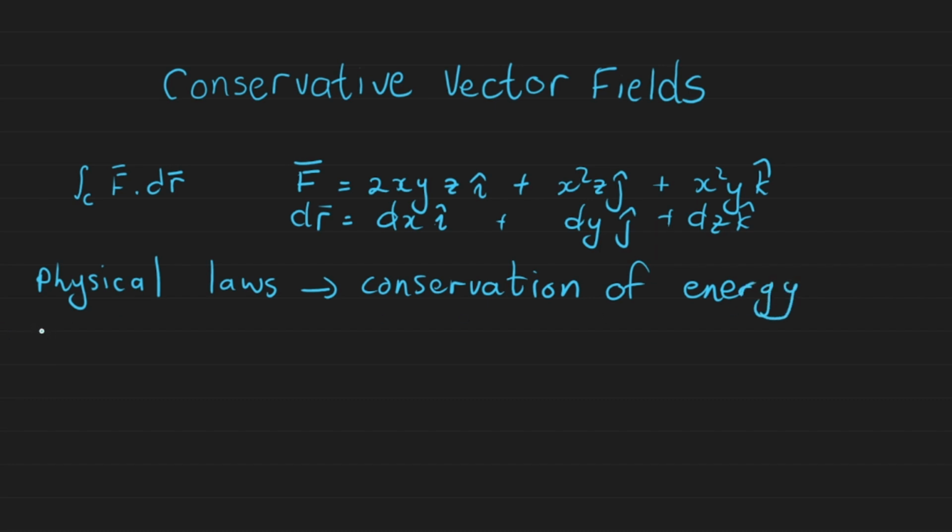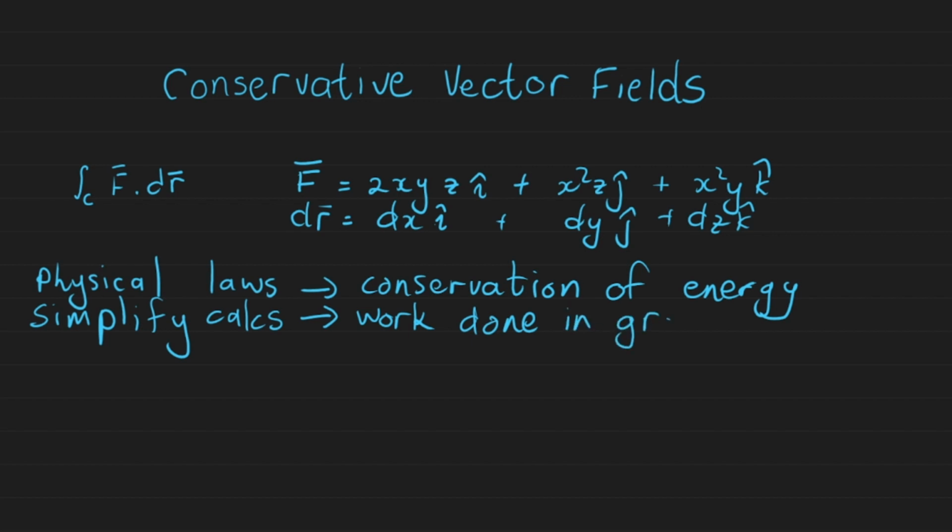Another application of conservative vector fields is when we want to simplify calculations. If we see that a vector field is conservative, often it's the case that our calculations become much easier than what we thought they were going to be. So this would be, for example, in work done in gravitational fields.